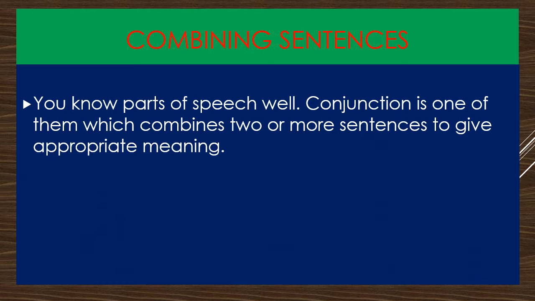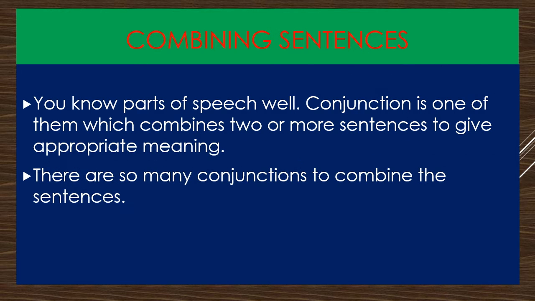Now we learn about combining sentences. How can we combine? Children, you know parts of speech very well. Conjunction is one of them, which combines two or more sentences or words to give appropriate meaning.